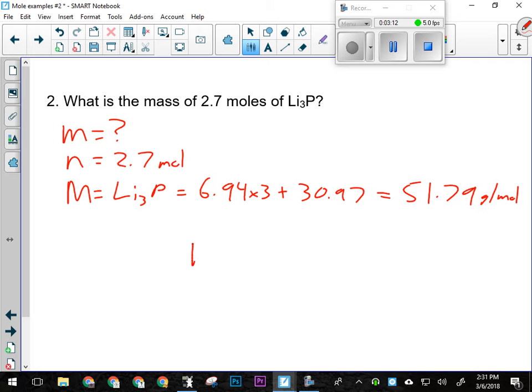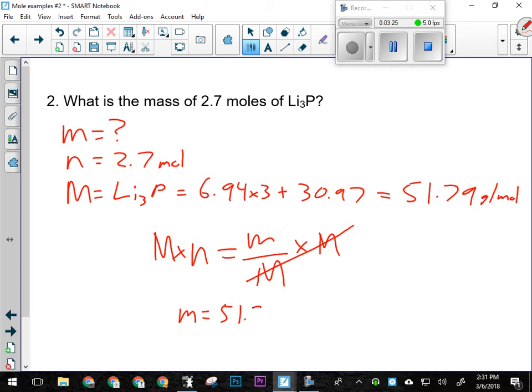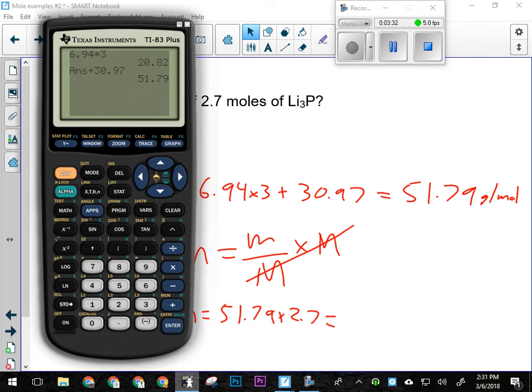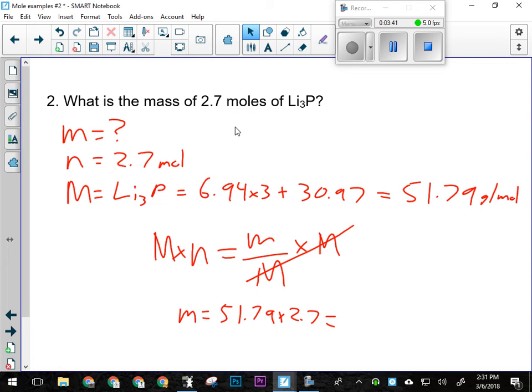We are looking for little m, which means I need to manipulate this equation by multiplying both sides by big M. That's going to be my formula. So little m will be 51.79 times 2.7, that's big M times N. We're going to have a mass of 139.83 grams.